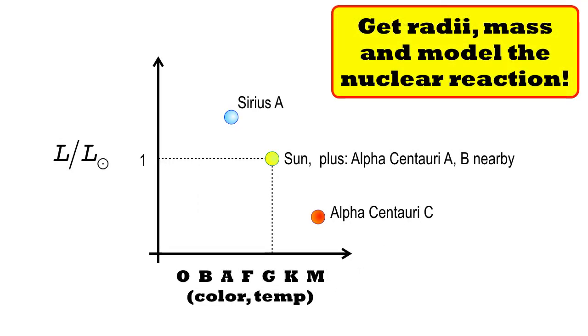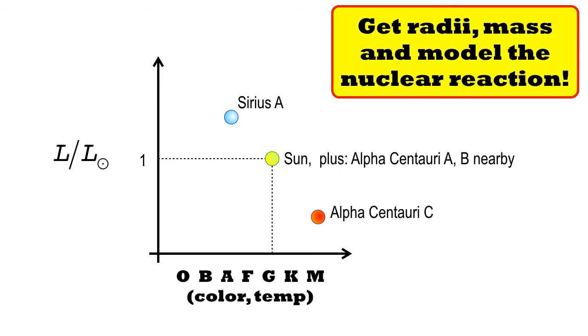Sirius A is going to be up here. The Sun, Alpha Centauri A and B are going to be kind of in the middle. And then down here is going to be your red stars, lots of them. Alpha Centauri C, Proxima Centauri. And here's another way to rate the luminosity in terms of the luminosity of the Sun.